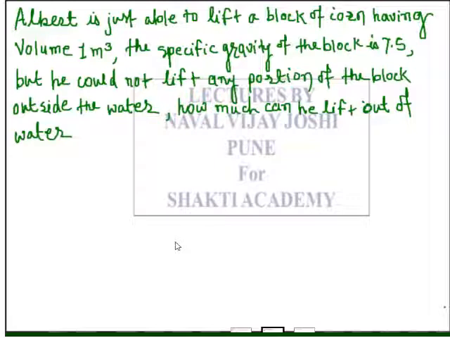Now, how much reduction would take place? Again we must know Archimedes' law. According to Archimedes, the reduction is equal to the upthrust, and this reduction is equal to the weight of the displaced liquid. Understood?